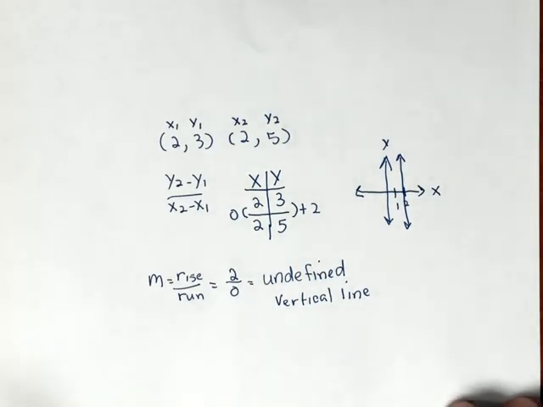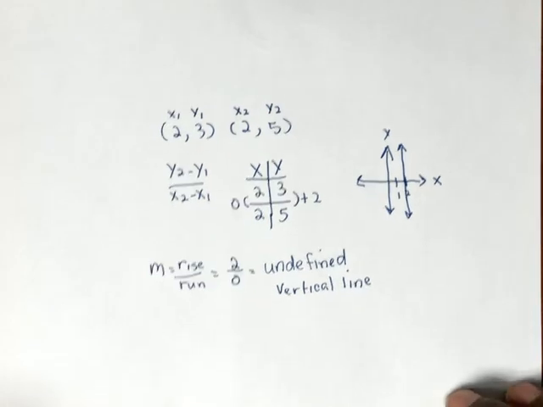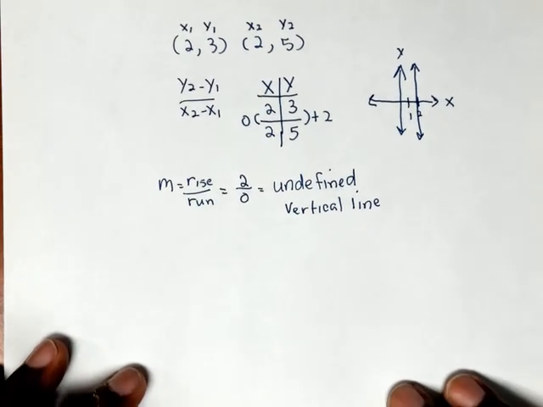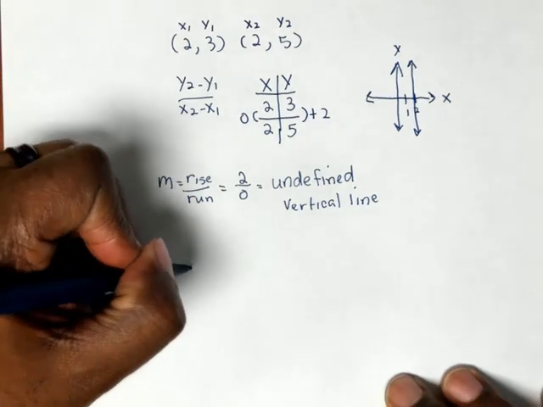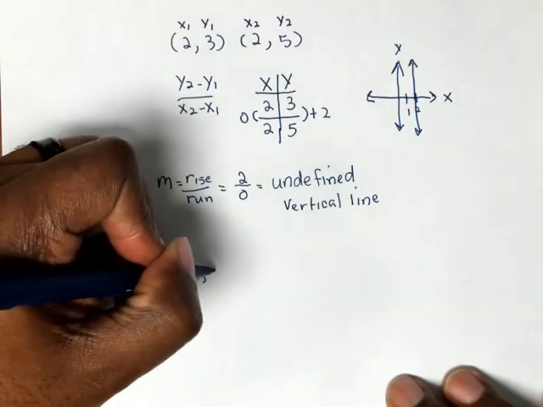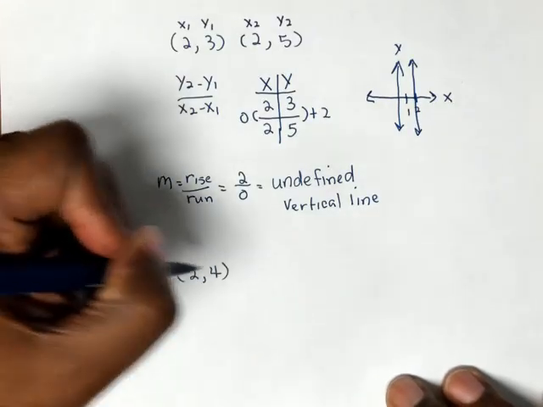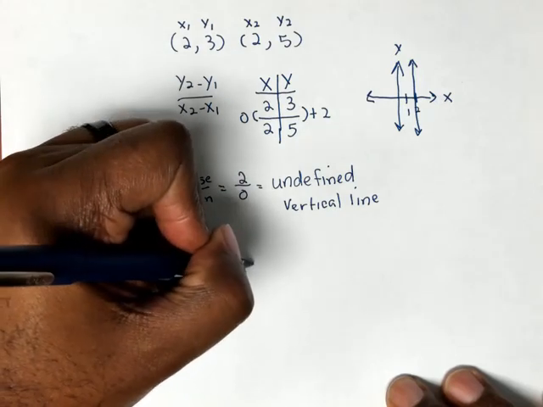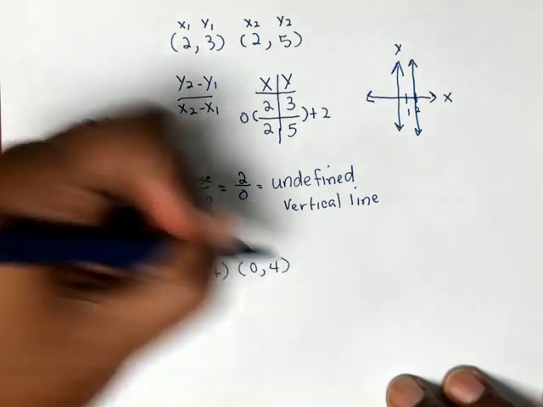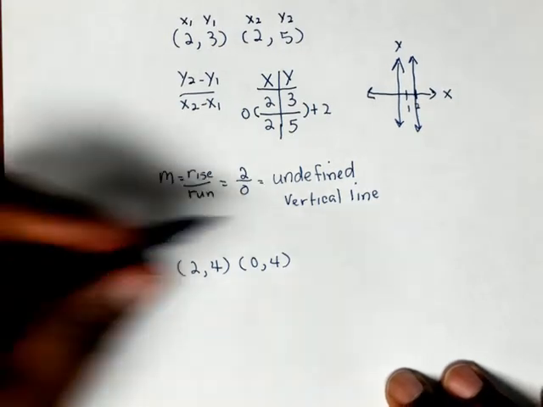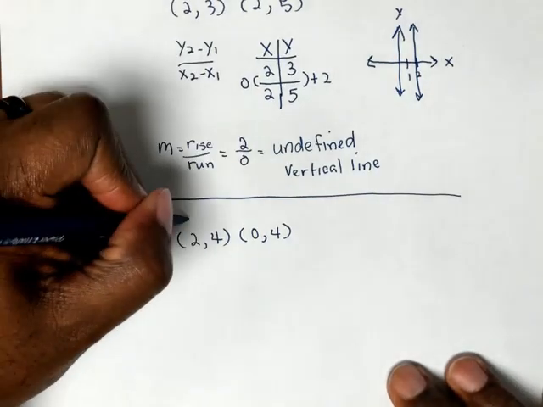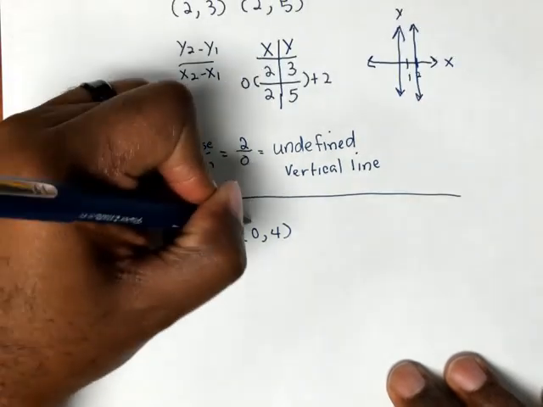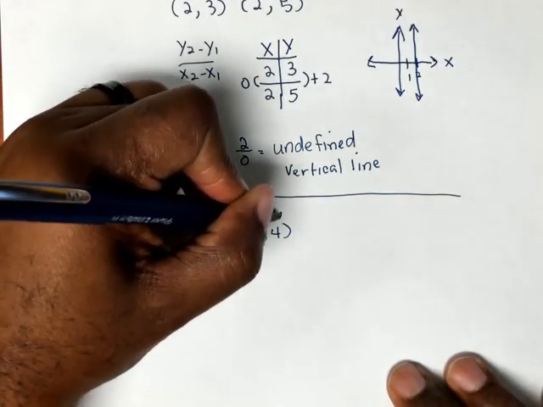If we're looking for a zero slope, we would do the same thing. And this one I'll use the formula for. Let's say we have 2 comma 4, and we have 0 comma 4. This is my second one, so I'll draw a line here to separate the two. Remember, we have x1, y1, x2, y2.